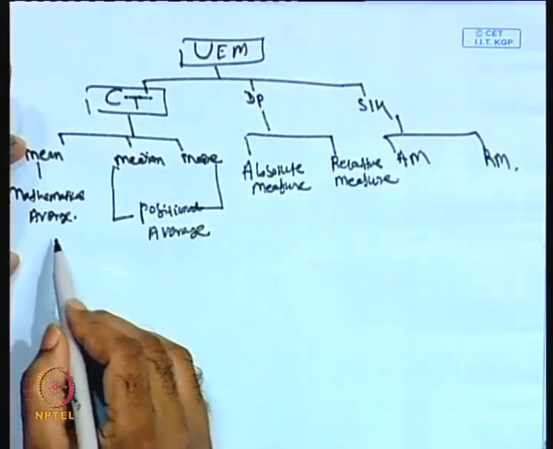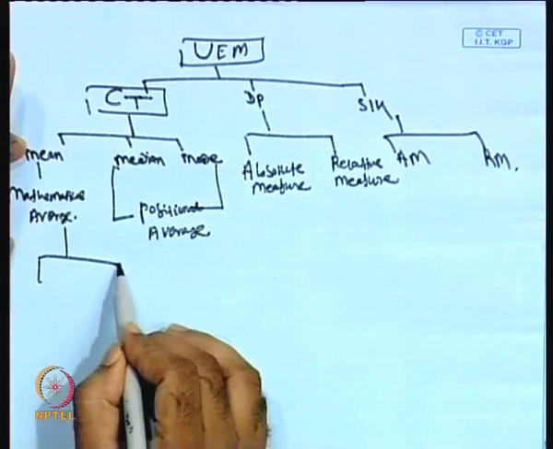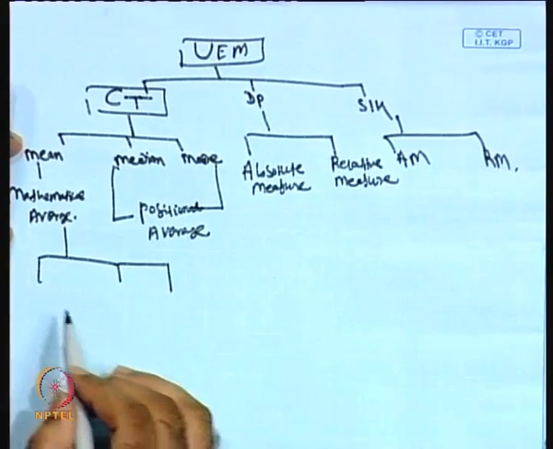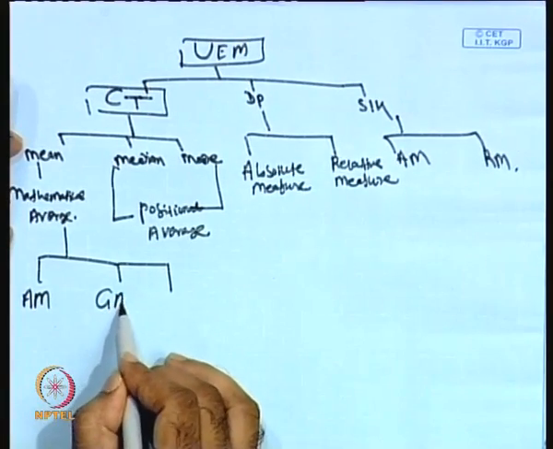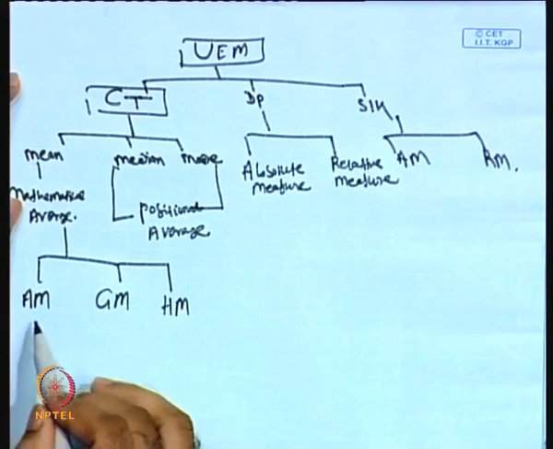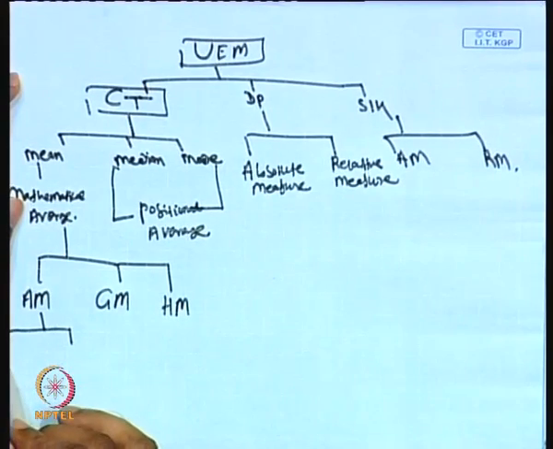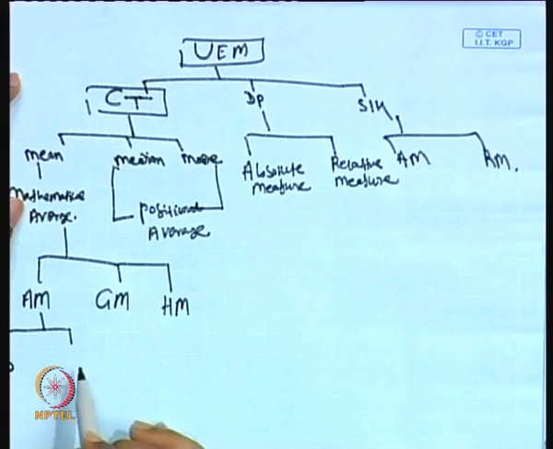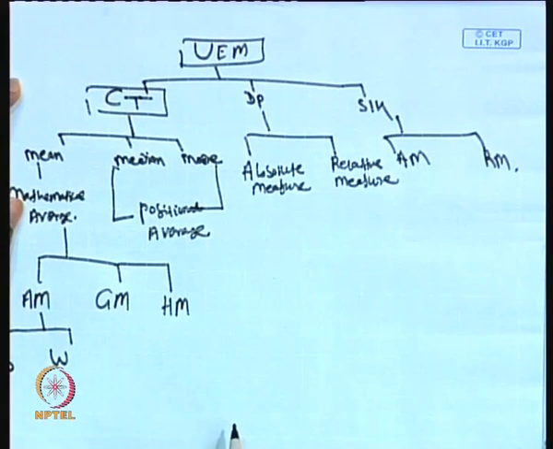So, now the mathematical average can again take various shapes. Okay. It is represented in three different formats: arithmetic mean, geometric mean and harmonic mean. Okay. So, arithmetic mean can again be calculated through a simple structure and by assigning weights.